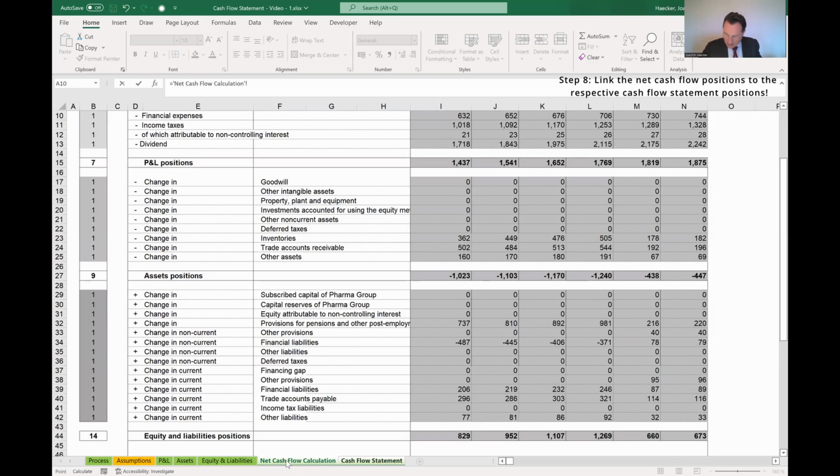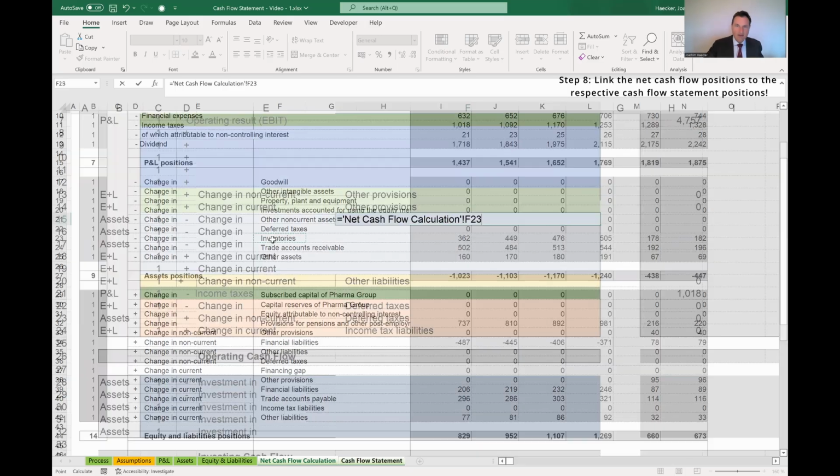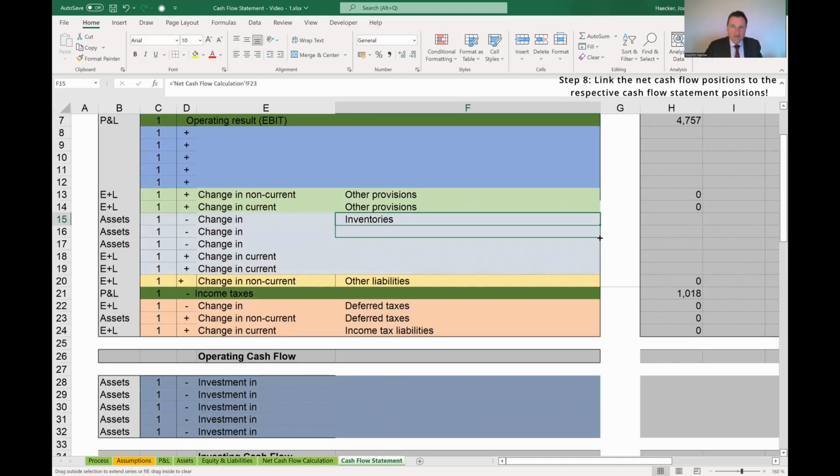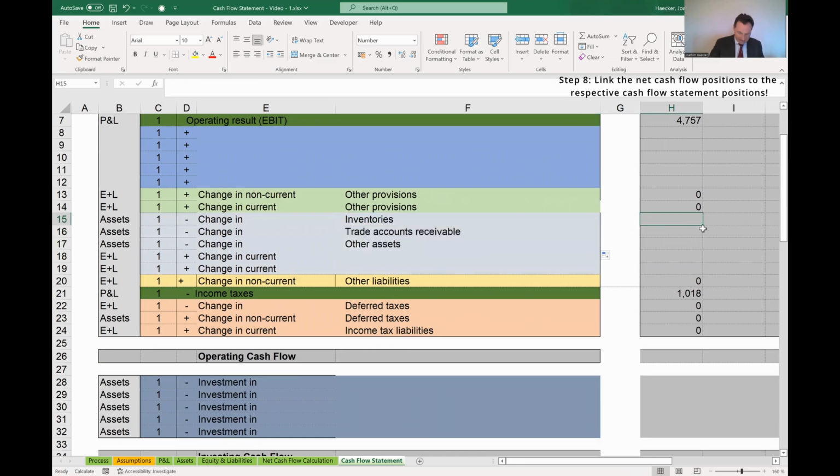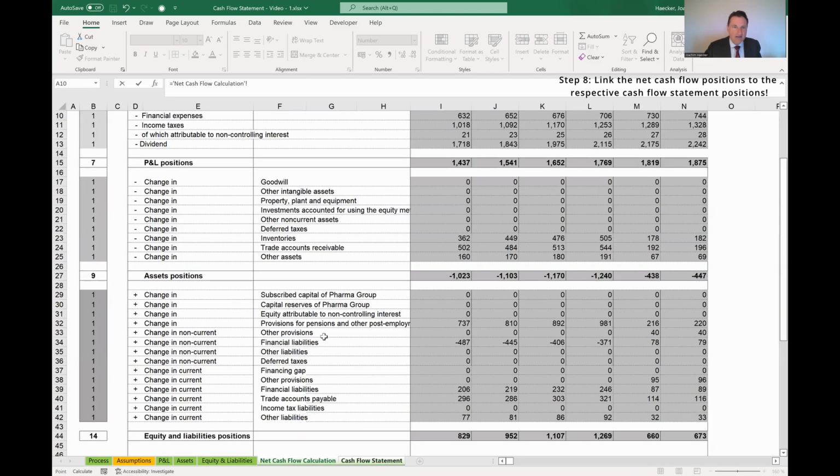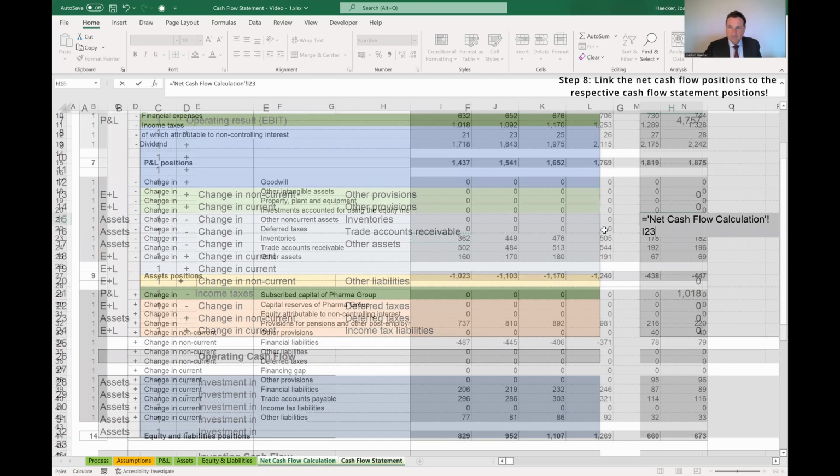Okay, let's get started. Where are they? Well, I'm having here inventories, trade accounts receivable, other assets. So my inventories are here. And I just can pull it down.